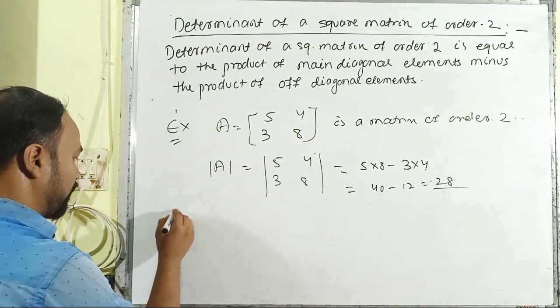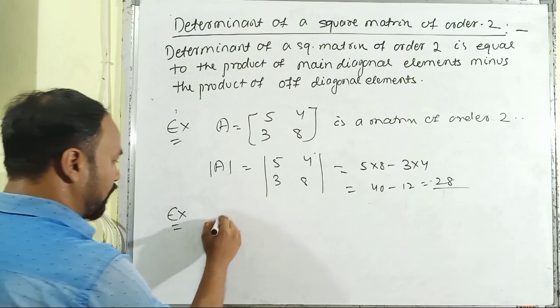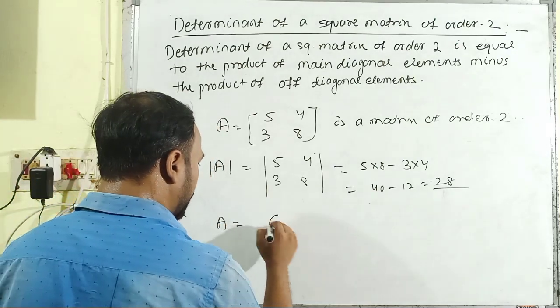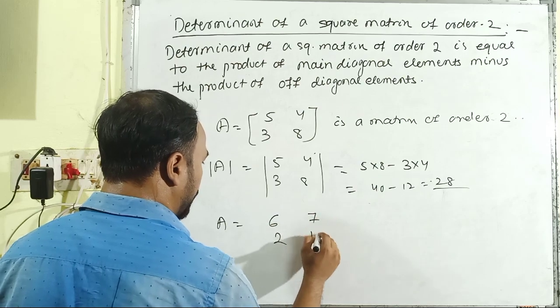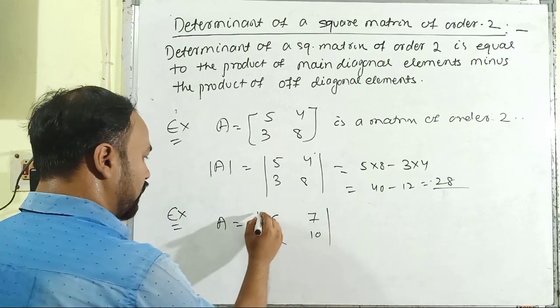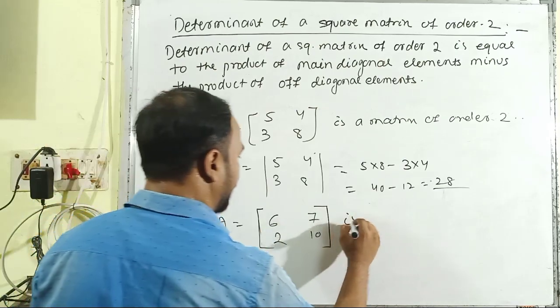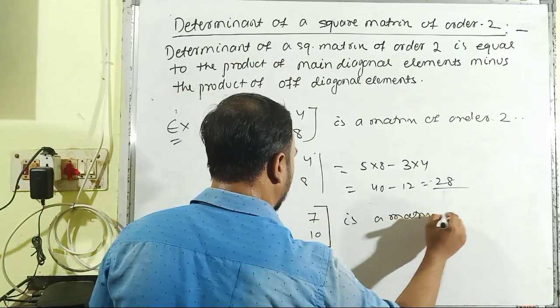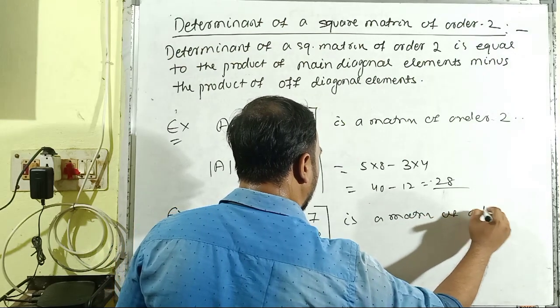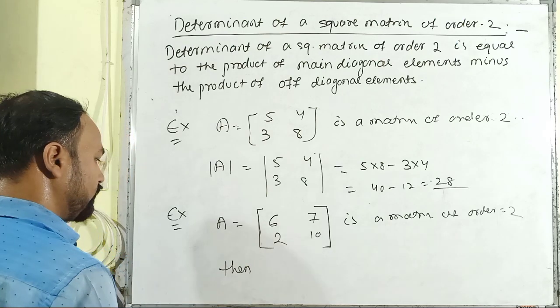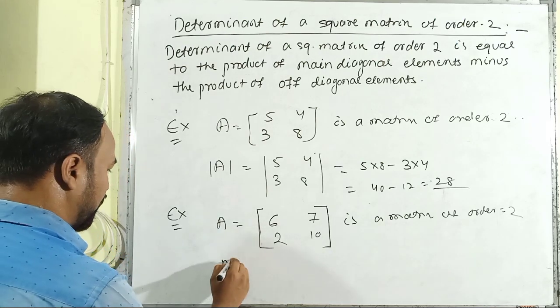Then let us take another example. Suppose we have taken 6, 7, 2, 10. It is a matrix of order 2. Then you have to find out the determinant of the matrix.